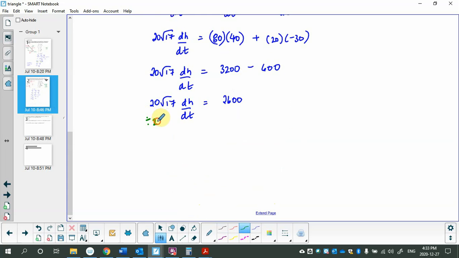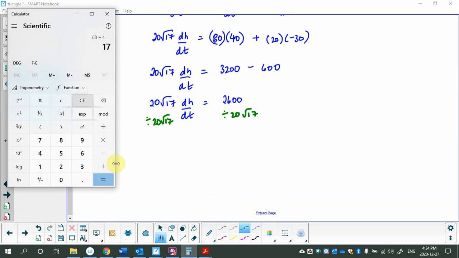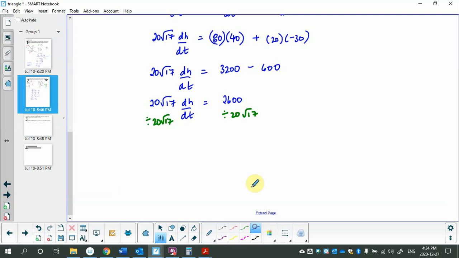Isolate dh by dt. 2,600 divided by 20 is all I can legitimately do, so that's 130. So it's 130 from the numbers, and over the root 17 is still there.